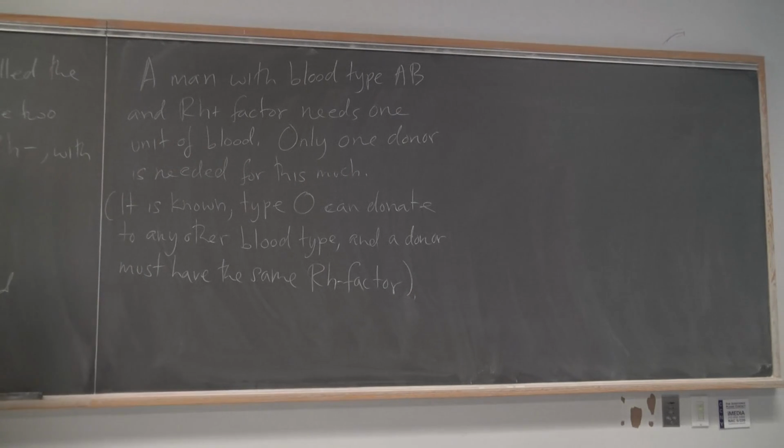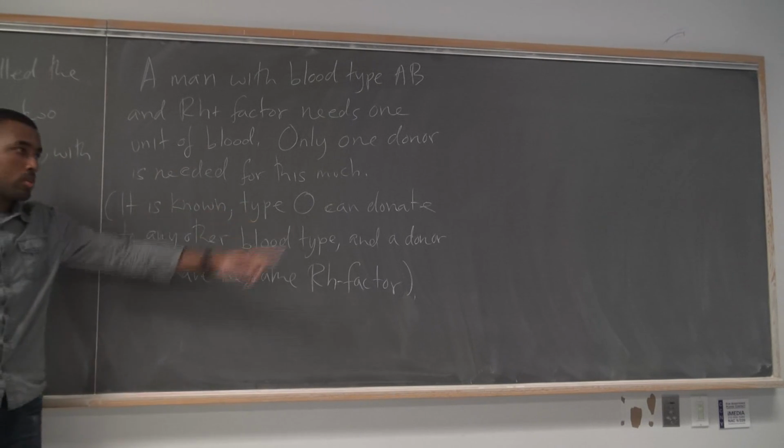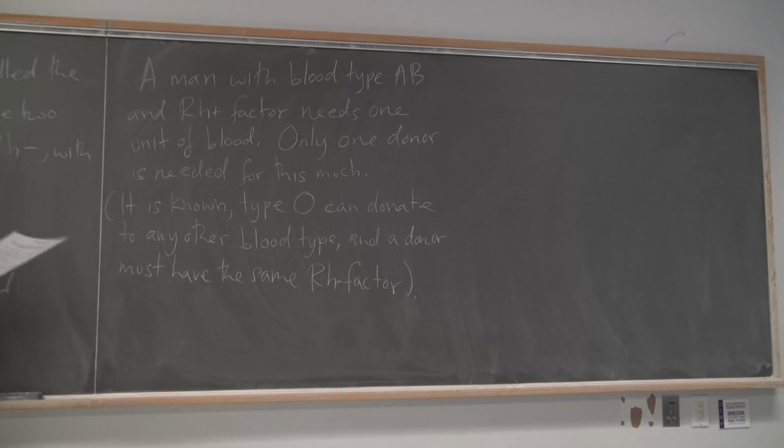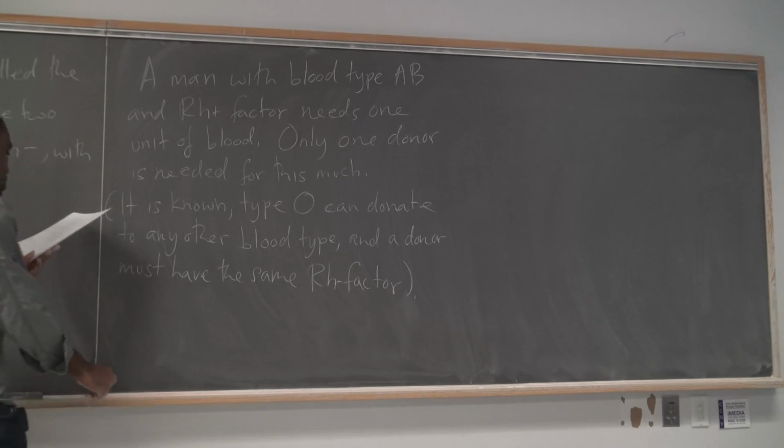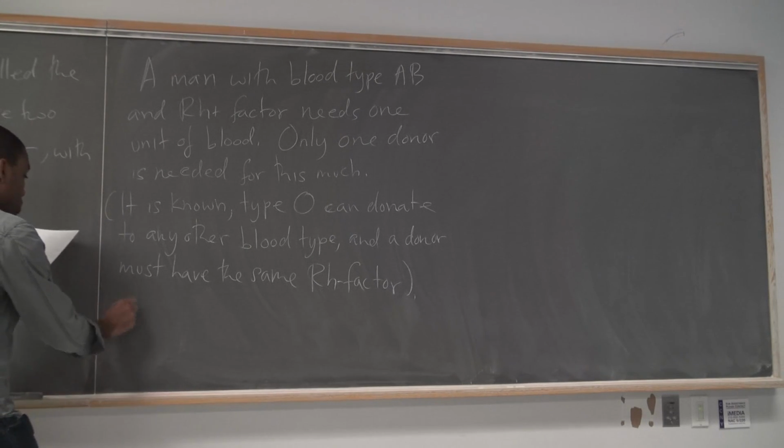So to be able to donate blood to someone, you first have to have the same Rh factor, and you have to have either the same blood type or blood type O, right? And through medical history, we figured this out, hopefully with not too much trial and error.